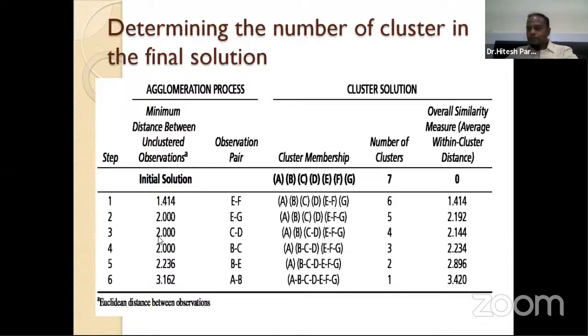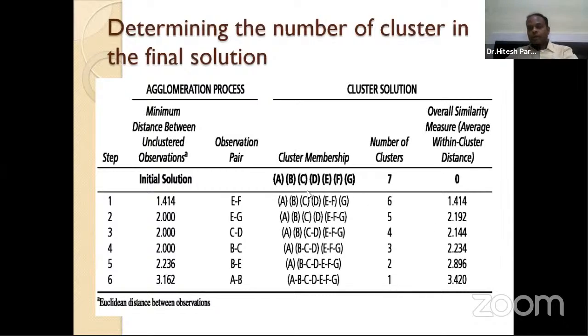Then again we have a choice of 2: C and D, and then B and C. So from 5 to 4, C and D will become 1 cluster, and from 4 to 3, B, C, and D will become 1 cluster. Then from 3 to 2, again B, C, D, E, F, G will become 1 cluster, and from 2 to 1, all respondents are combined, and it will be a 1 cluster solution.